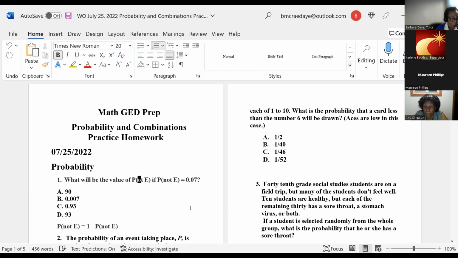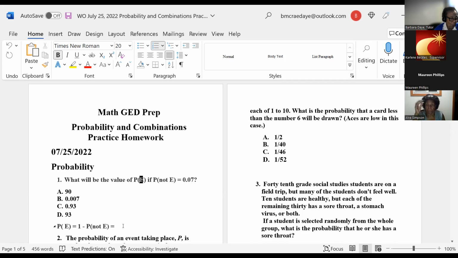This should have been probability of E. So probability of E, take the not out. That was an error. They shouldn't be the same. The probability that it's E is 1 minus the probability of not E. Okay, so I won't grade you on that one because I just noticed it shouldn't have been not E in both places. It should have just been E. The probability that it's E is 1 minus the probability that it's not E.